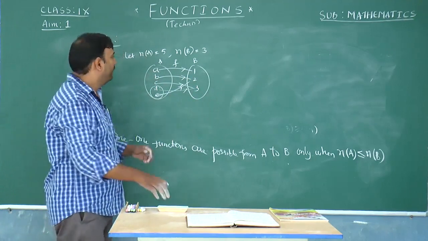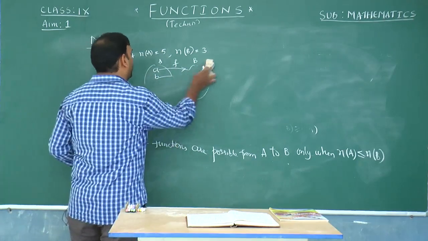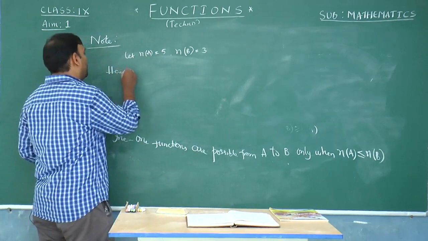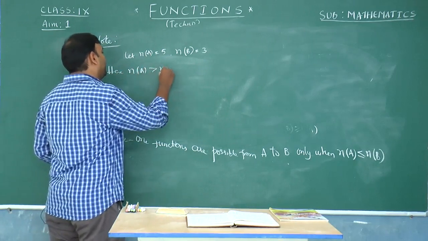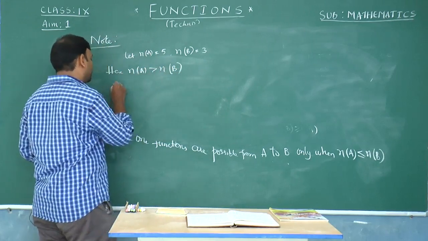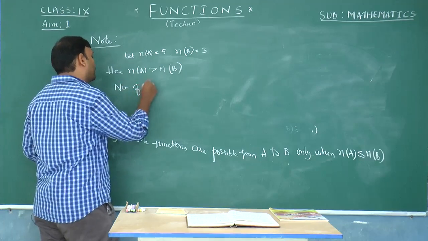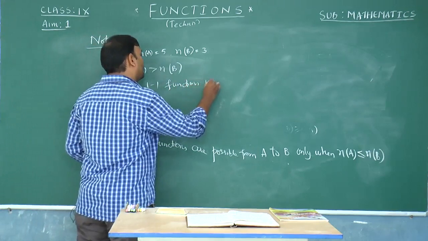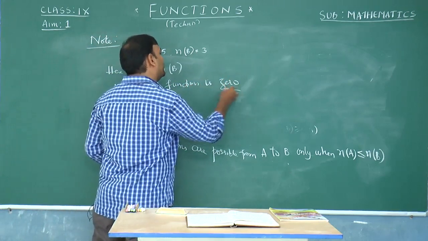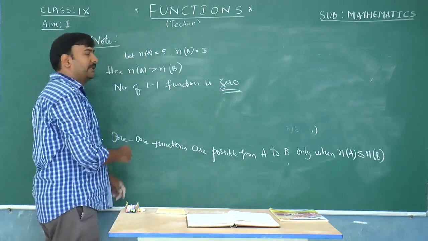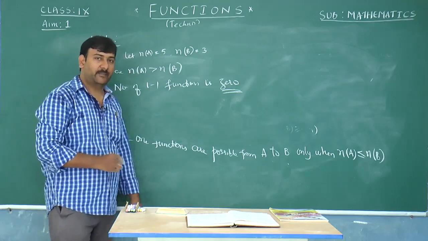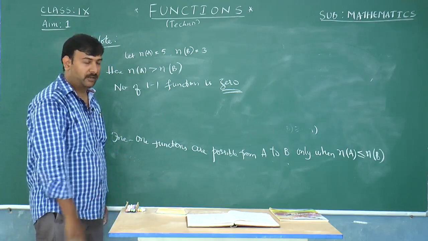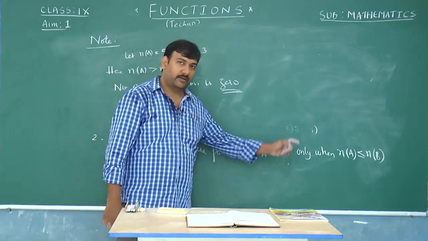Therefore, whenever n(A) is greater than n(B), the number of one-to-one functions is going to be 0. So one-to-one functions are possible only when n(A) is less than or equal to n(B).